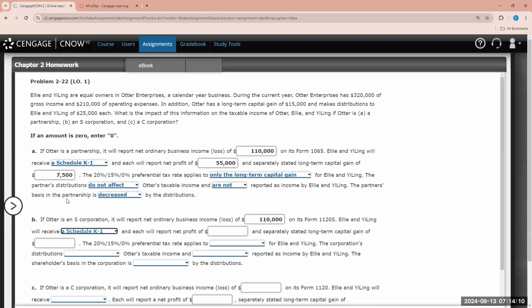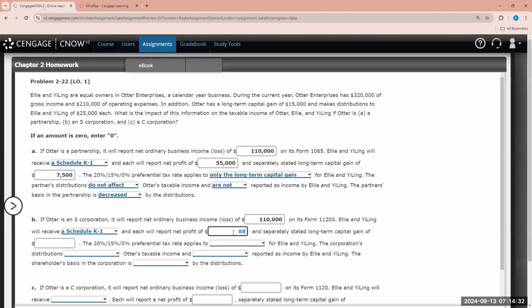And just a bit of a nuance, for partnerships, the owners are called partners, and for S corporations, the owners are called shareholders, right? So just different verbiage, same thing at the very surface level. And it says they each will report a net profit of, same thing, 55,000.